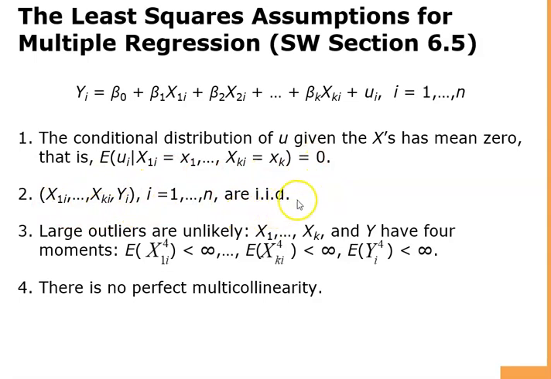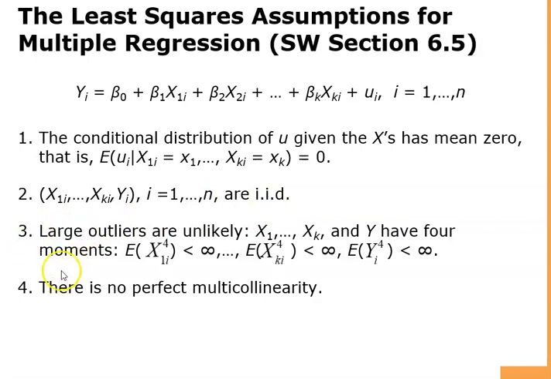The second assumption of OLS with the multiple regression analysis is that all the x's and the y variable are independently and identically drawn, and that will always be the case whenever you are randomly drawing a sample.